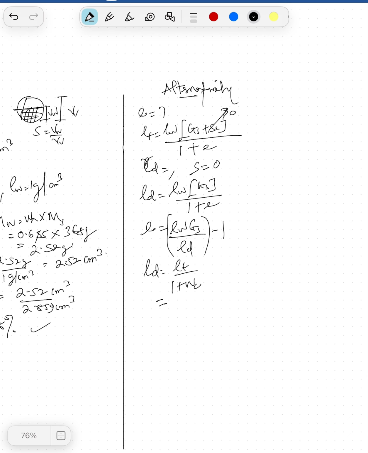And we know our total density already from the question, which is 1.44 grams per cm cube, all over 1 plus water content. What is the water content? 0.685.